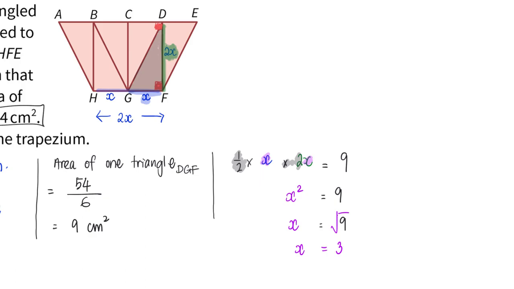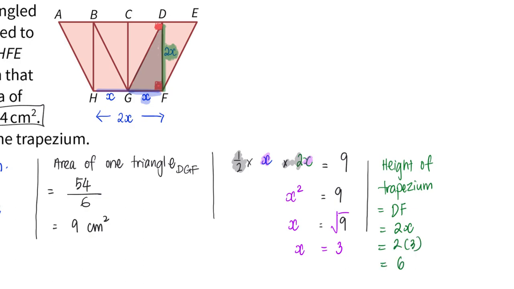And then from here, we will be able to get the height of the trapezium, which is equal to DF, which is equal to 2x, which is equal to 2 times 3, 6 cm.